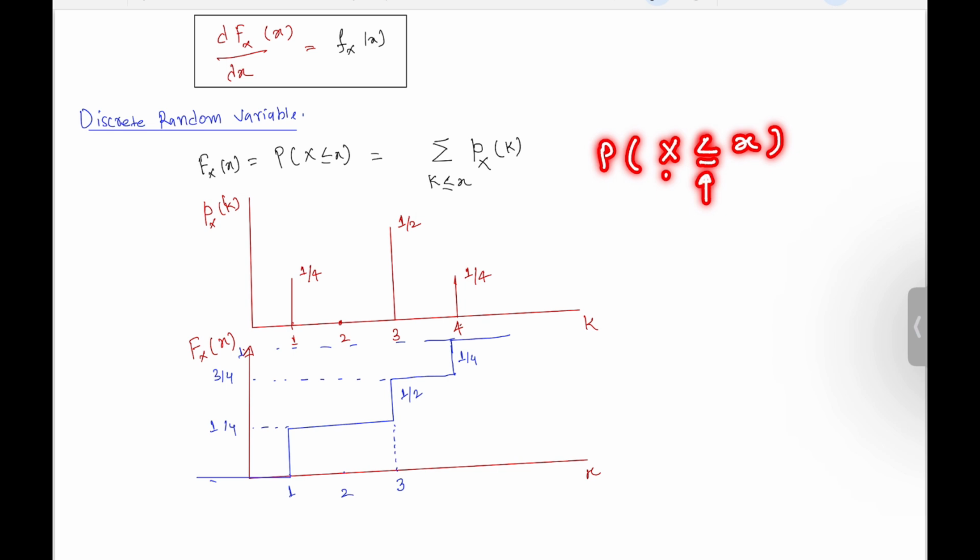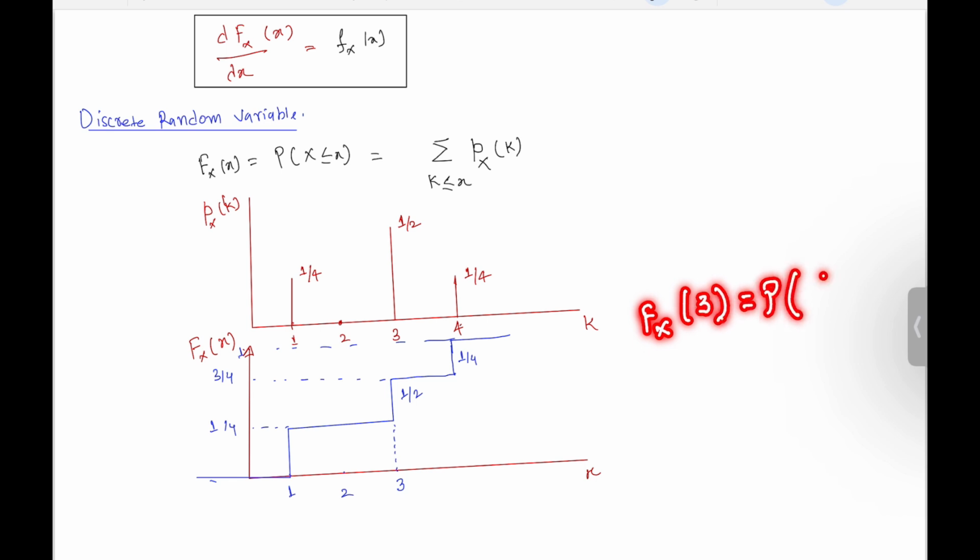So we are considering till this point because we have this equality, right? So if I ask what this value is at x equals 3, what we are asking is the probability that the random variable X takes a value less than or equal to 3. So we are considering this 3 as well, right?